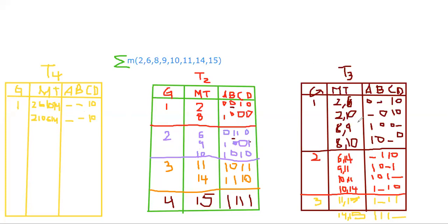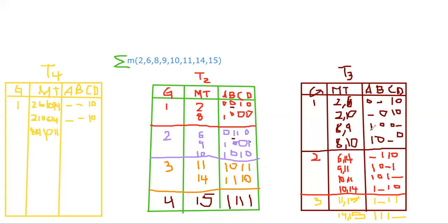Next I can compare 8 9 with 10 11. So 8, 9, 10, 11.